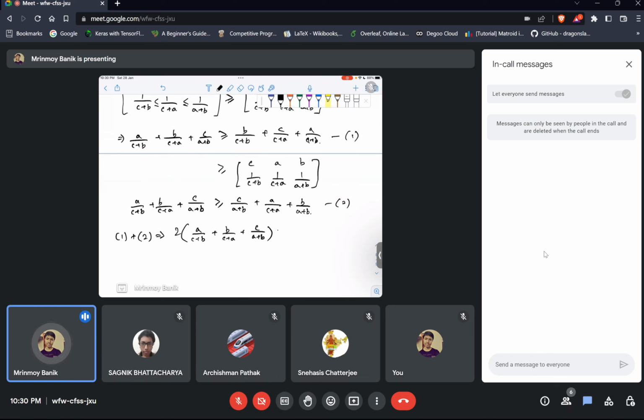So we need to show the right-hand side is greater than or equal to 3 now. c by c plus b, b by c plus b, you get 1. a by a plus b, b by a plus b, you get 1. c by c plus a, a by c plus a, you get 1.